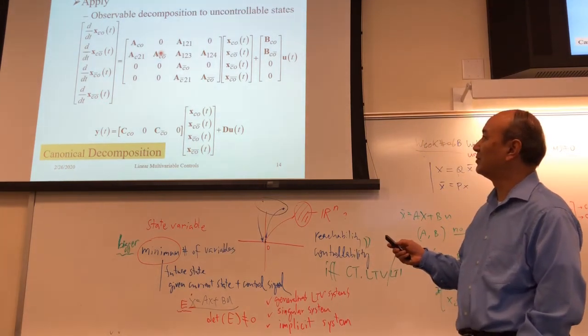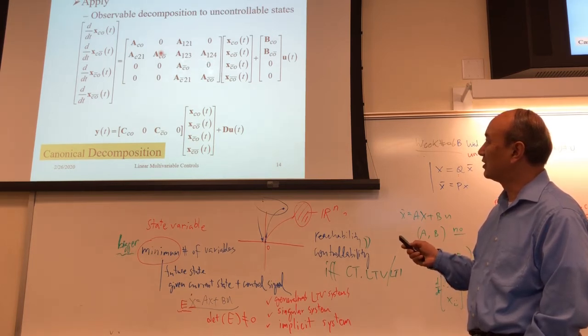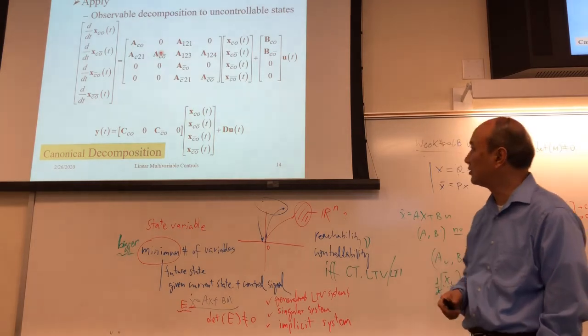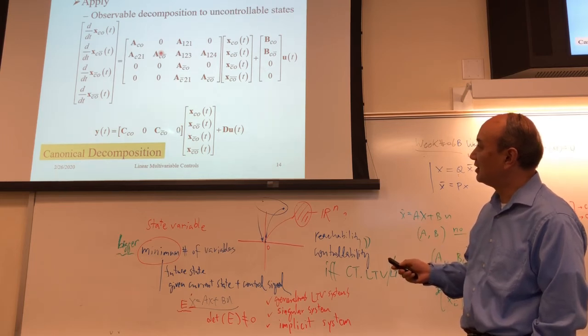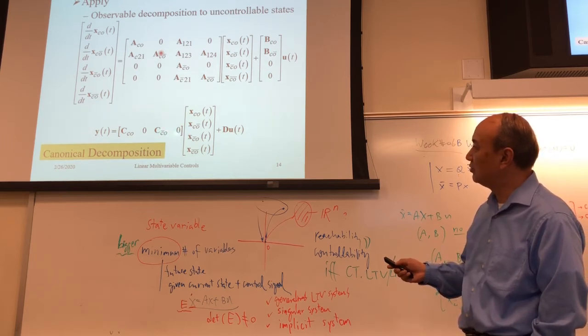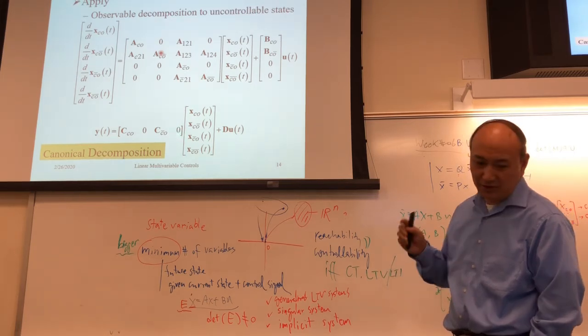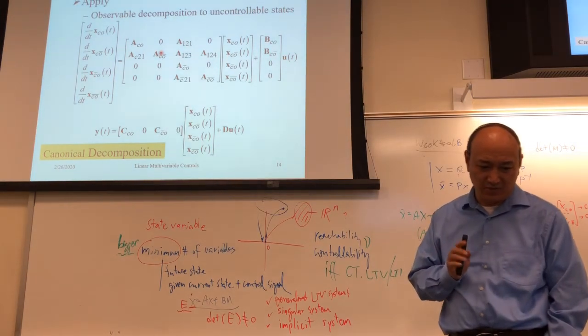Then you end up with a lower triangular block partition matrix, back in observable canonical form. Again, you didn't do anything here, this is still 0. But there is C bar O bar here, that must be 0.